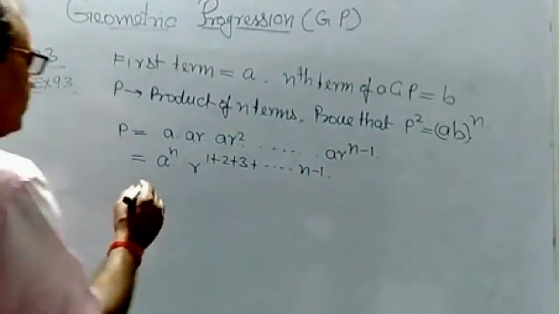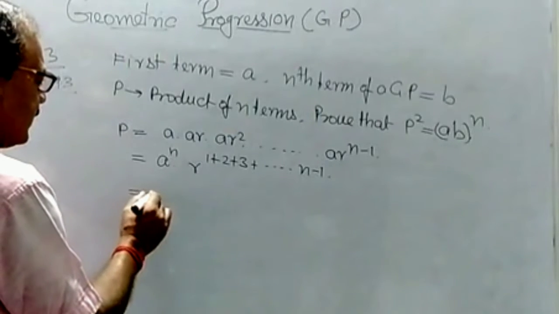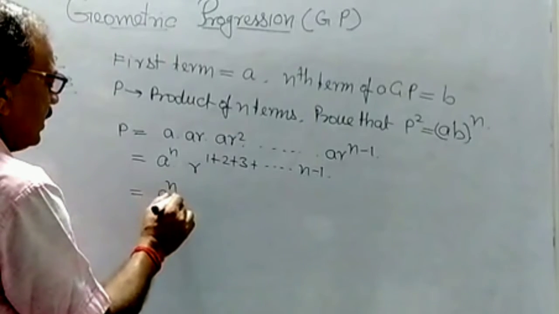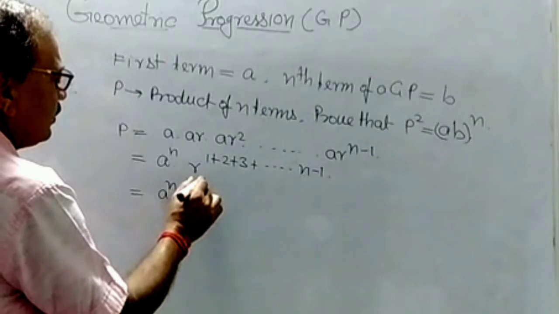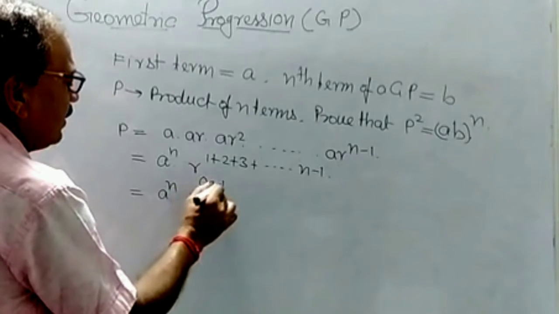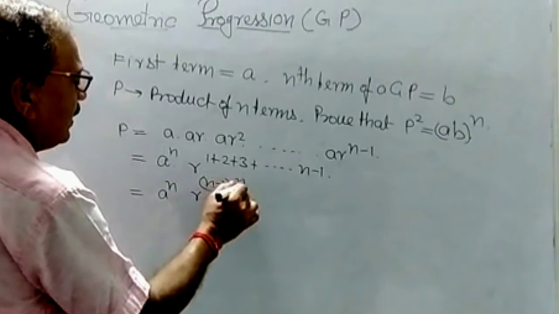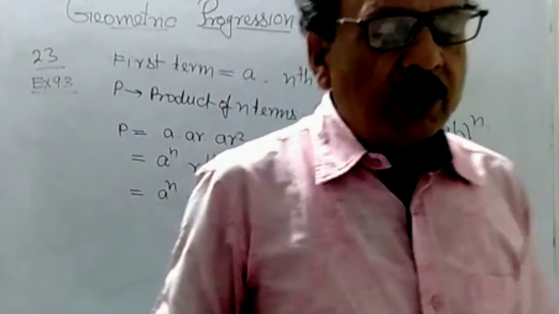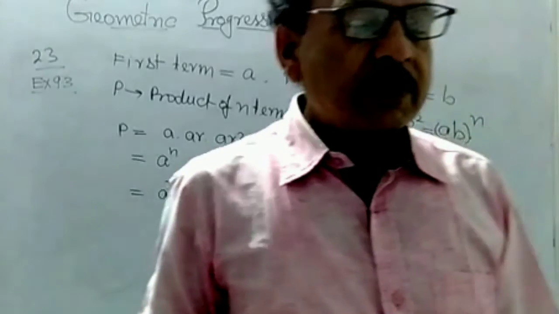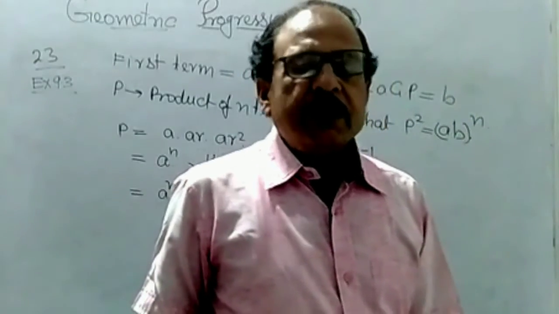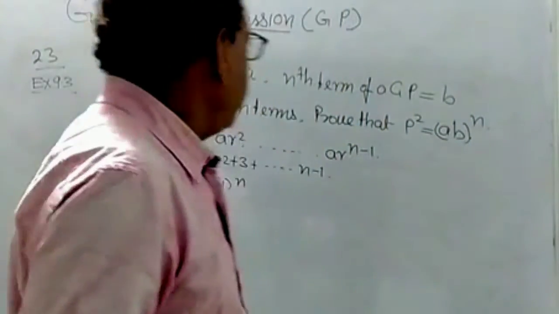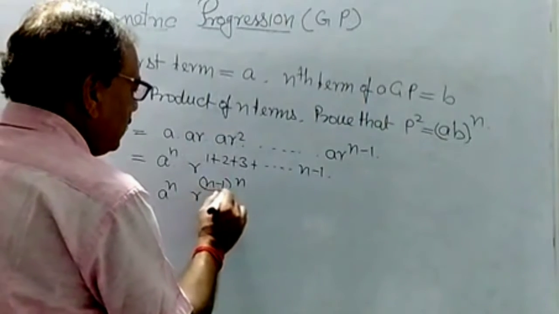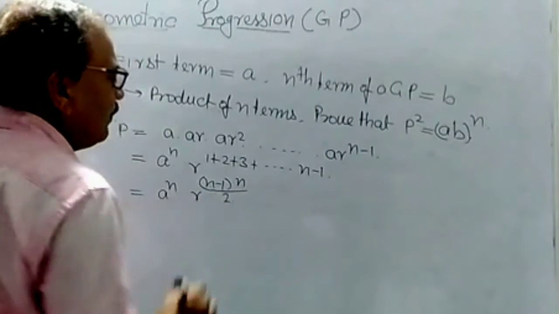Now you get A to the power n, R to the power of the sum of the first n minus 1 natural numbers. You know the sum of the first n natural numbers is n into n plus 1 by 2, so for n minus 1 it is n minus 1 into n by 2.